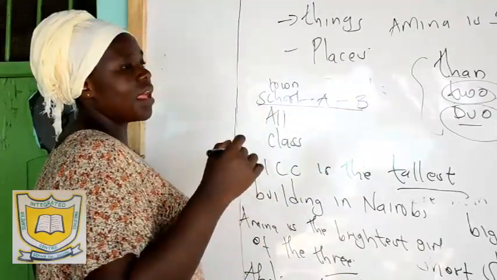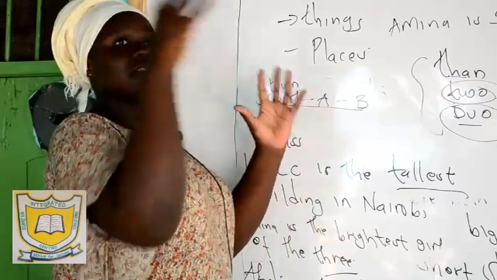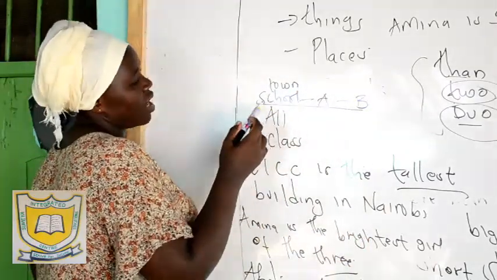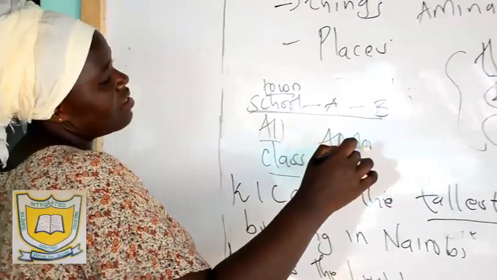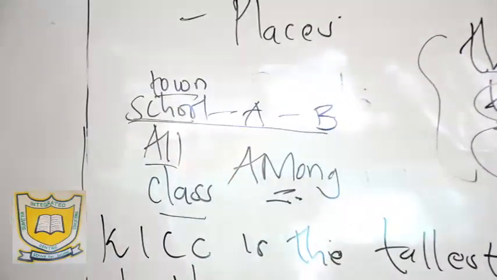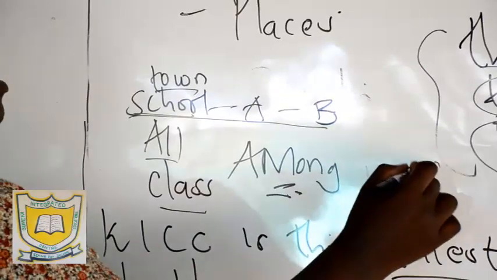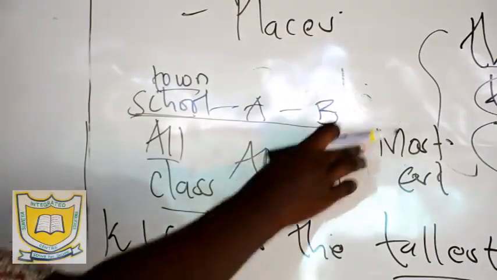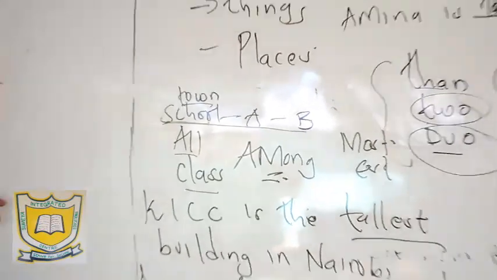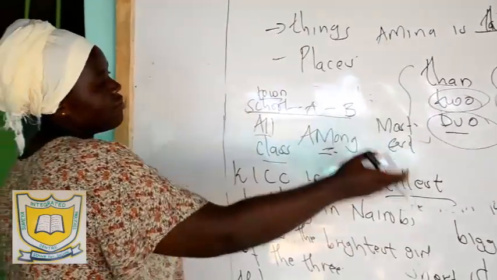But if they were talking about one thing in a school, town, or class, then if you see words like among in a sentence, you are going for the est, or you are going to use most in your sentence. Most for what? Those longer adjectives, and then est for what? Those short adjectives.